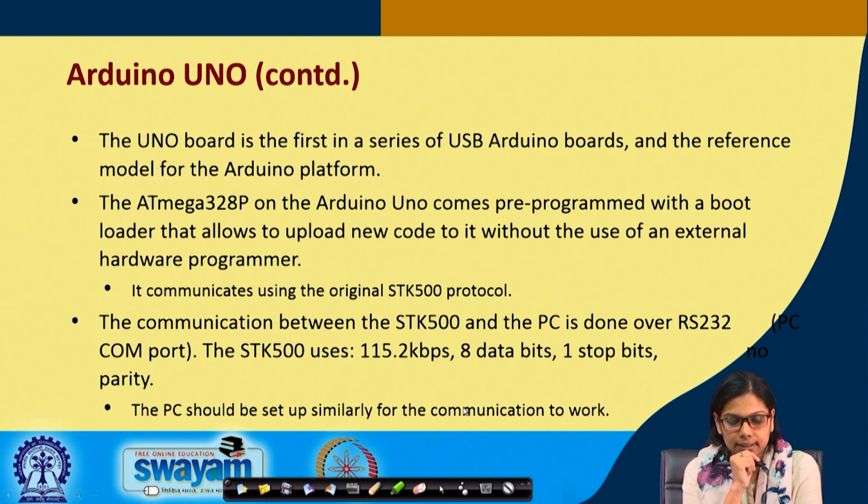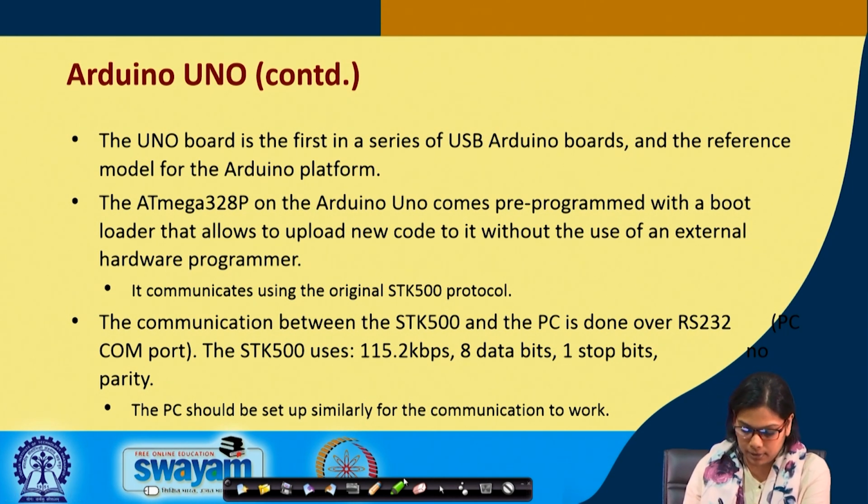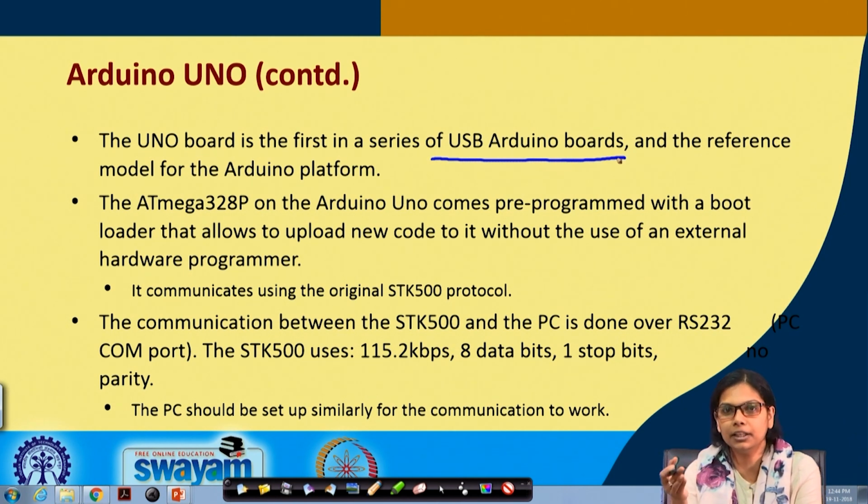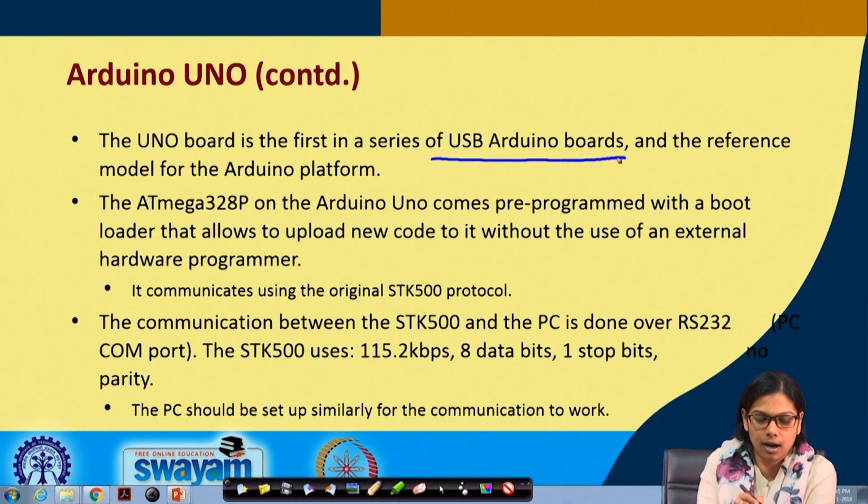This board is the first in the series of USB Arduino boards. With earlier boards you needed to dump the program through some other means, not through USB. But when USB compatible boards came in Arduino, this one, Arduino Uno, was the first of those kinds of boards and the reference model for the Arduino platform.